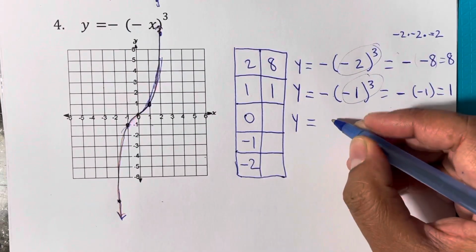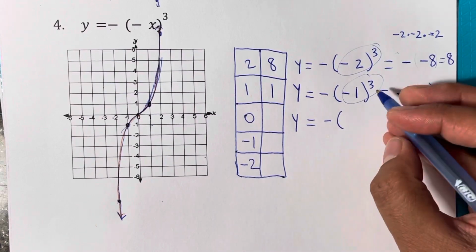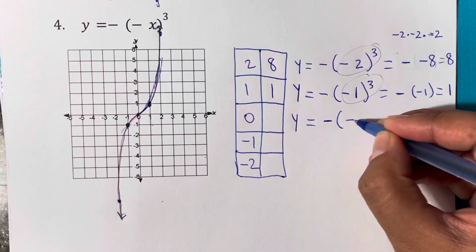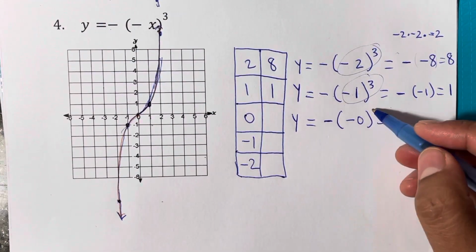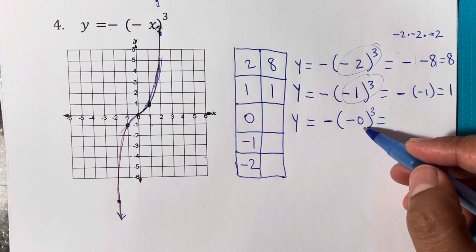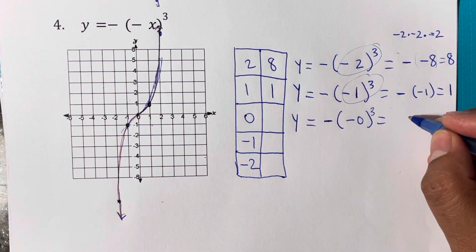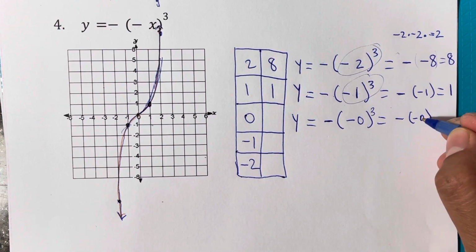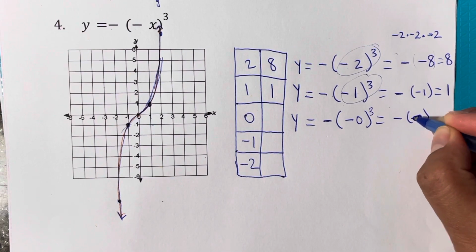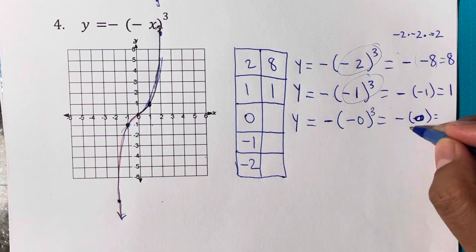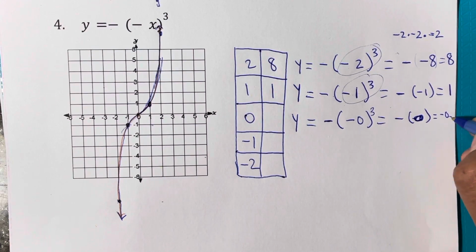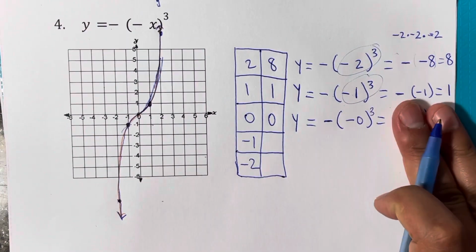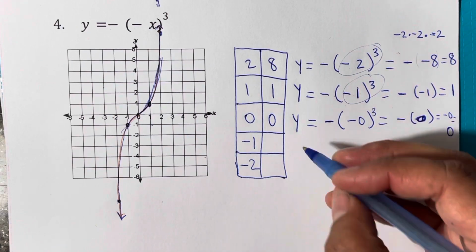For y is equal to negative, bring also the negative 0, to the third power. Negative 0 times negative 0 times negative 0 is negative 0. But again, 0 doesn't have a sign, so it should be neutral. And then negative 0 again, but we can't have that, so it's just 0. Or you can just put 0 over there.